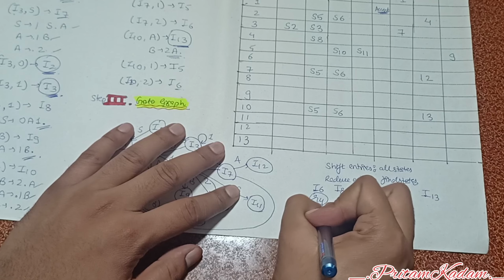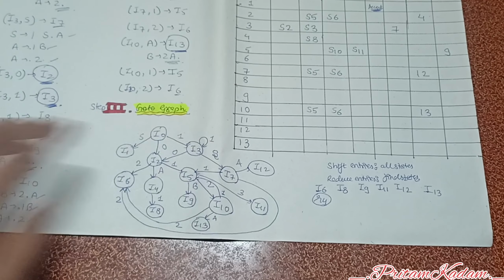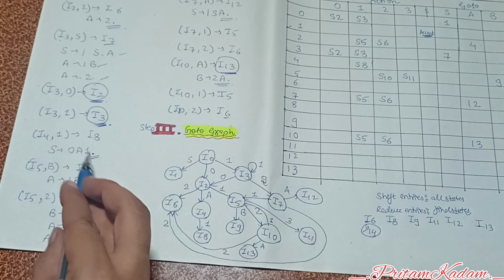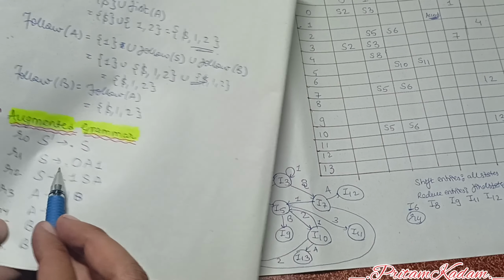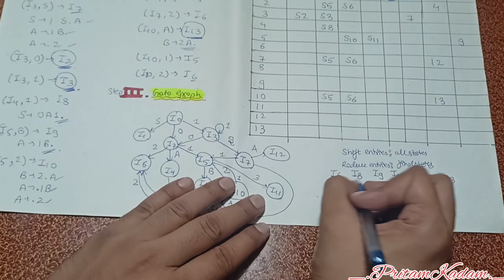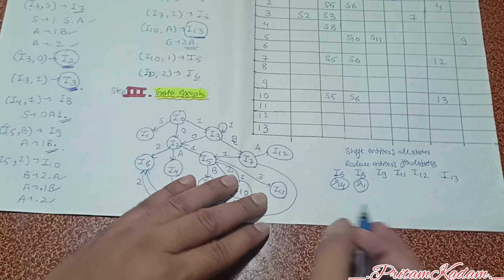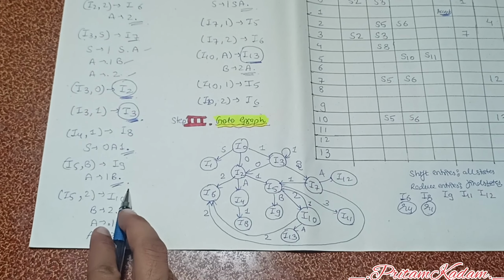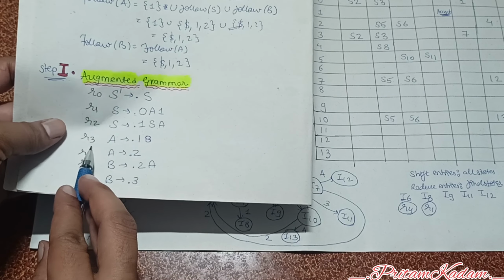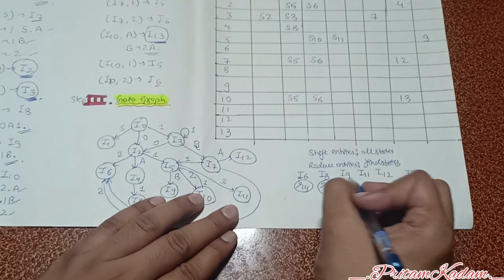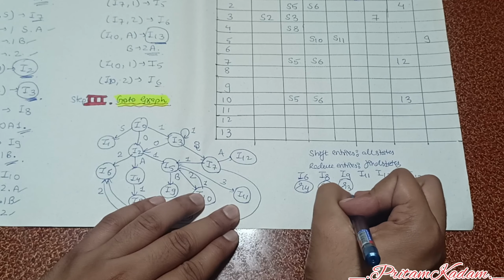For I8 we have the production S gives 0A1 dot, which is R1, so we'll write R1 over here.